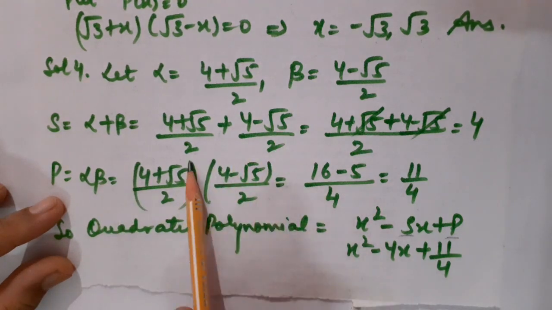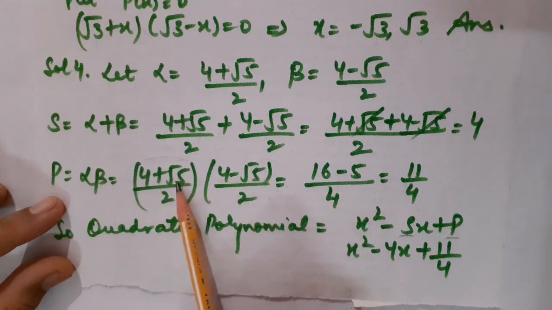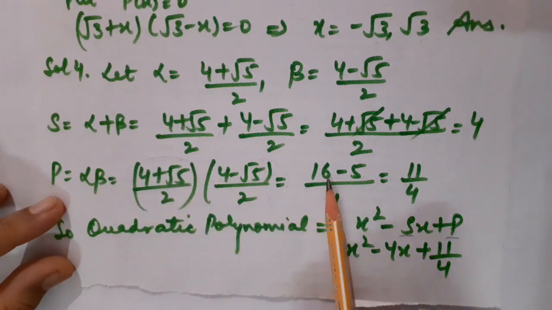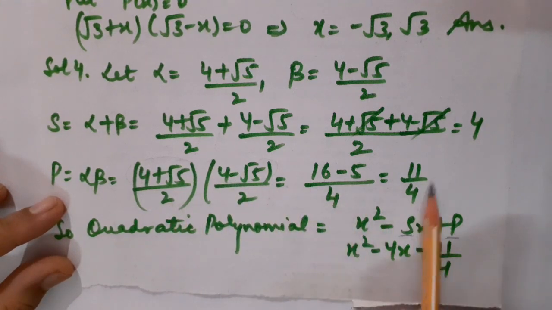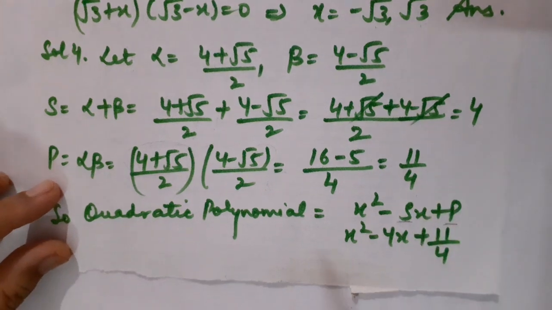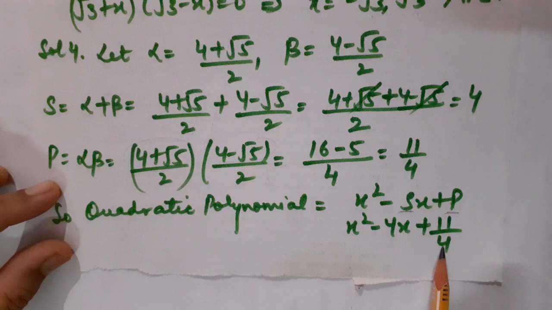Product of the zeros, this is a plus b into a minus b, that will be a square minus b square. That is 4 square is 16 minus root 5 square is 5. 2 into 2 will give you 4. So I have got 11 upon 4. So here is the required quadratic polynomial. Please check it.